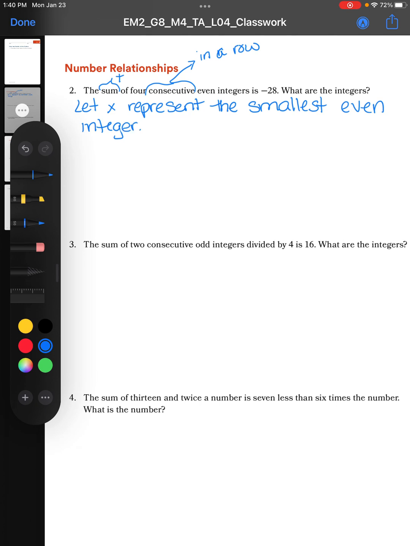So now I'm going to use the letter x to write this equation. I know I'm going to be adding 4 things together, 4 even integers, and I'm going to equal negative 28.